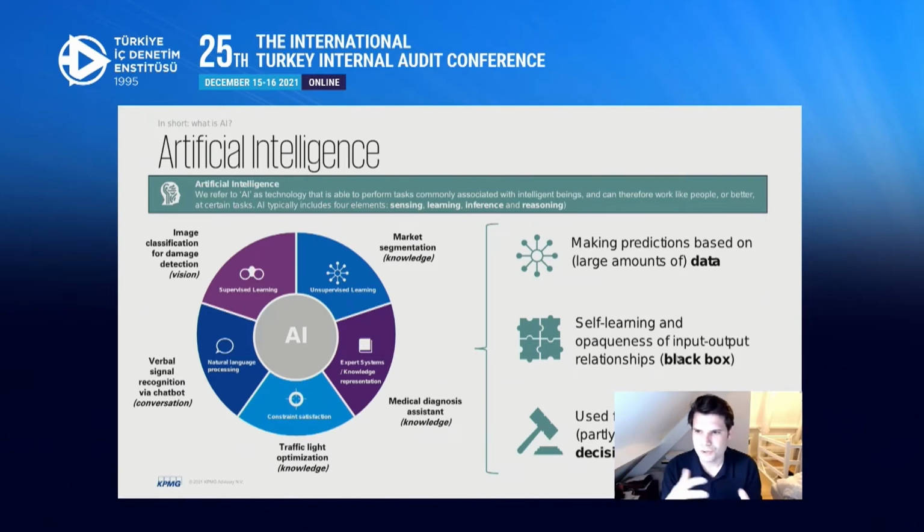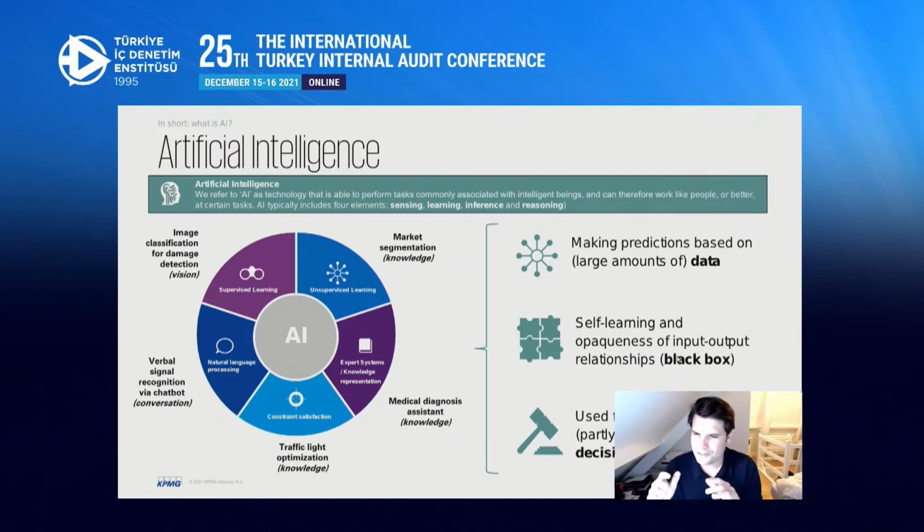And you also always want to look for input-output relationships. From the input, can it derive a certain output? Sometimes it can be very difficult to understand that relationship between input and output, and that's what we call the so-called black box problem. So you don't really understand how a certain outcome is derived. And for us auditors, that's quite a challenge, but I will come to that a bit later.